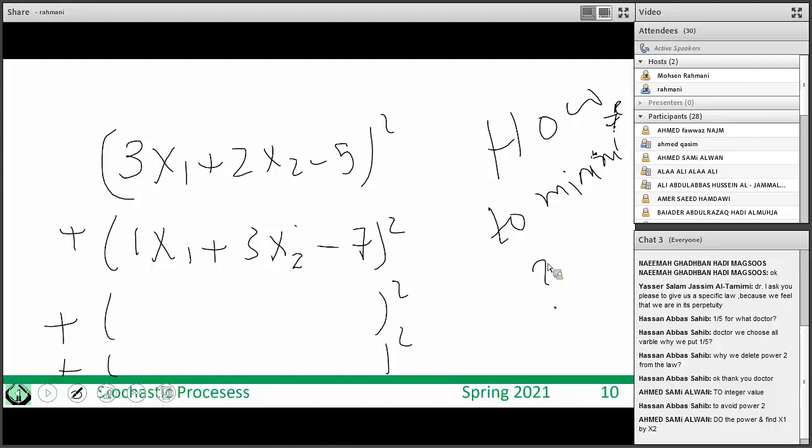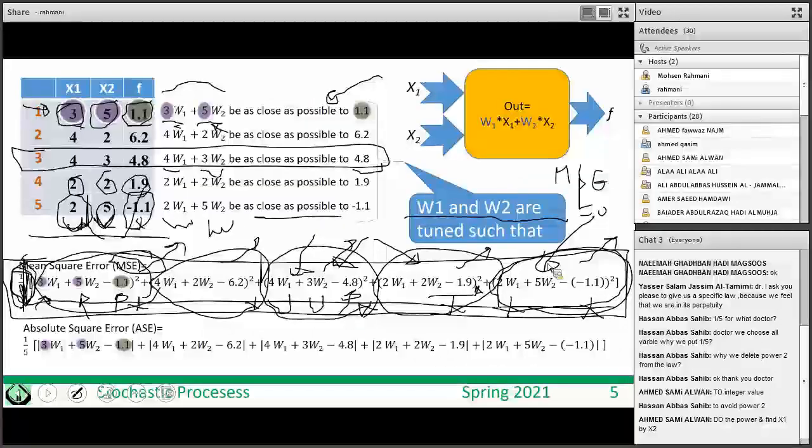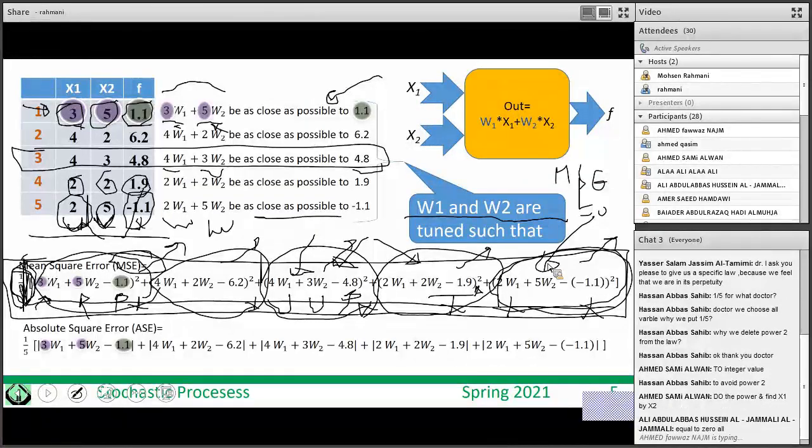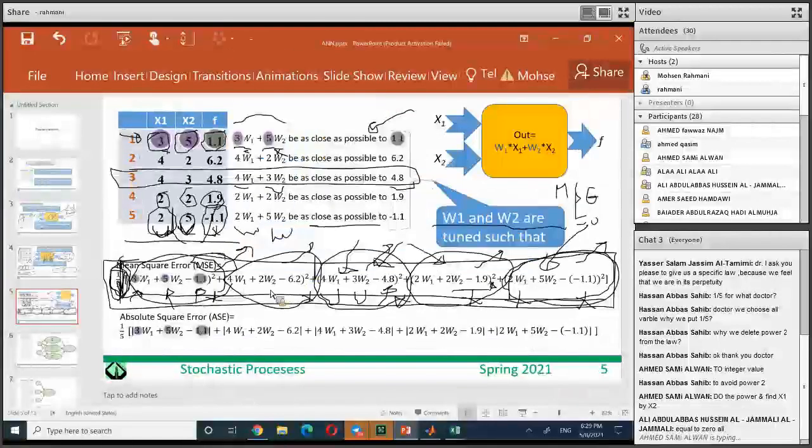Do the power and find x1 by x. Can one of you solve this? For example, in this, we can't make all this 0. If we can, it's. Let me.